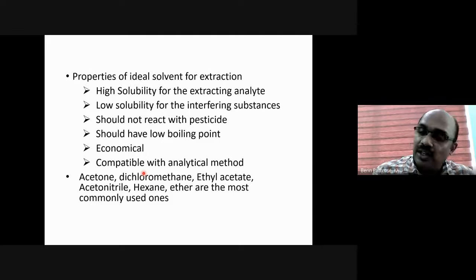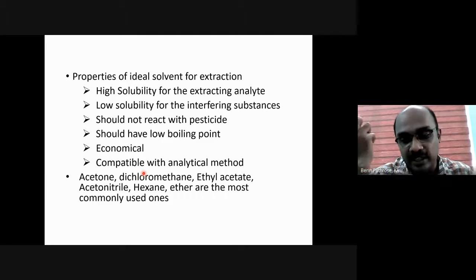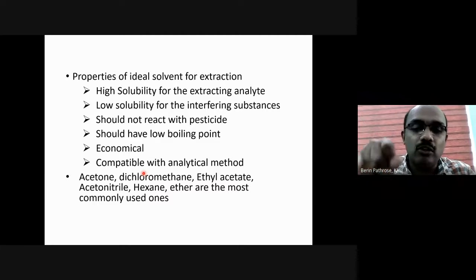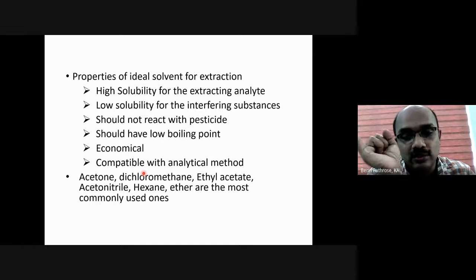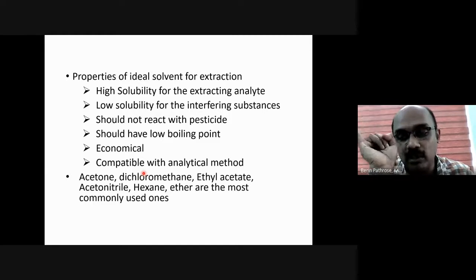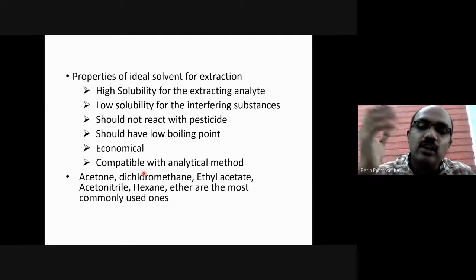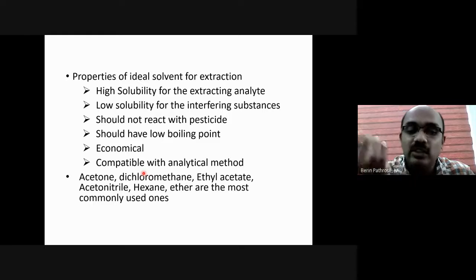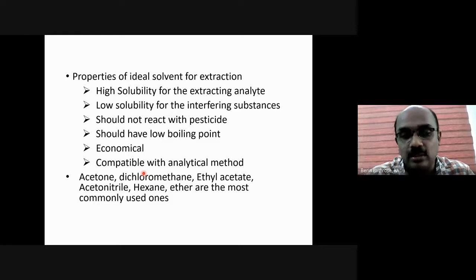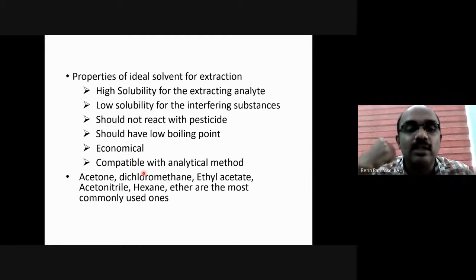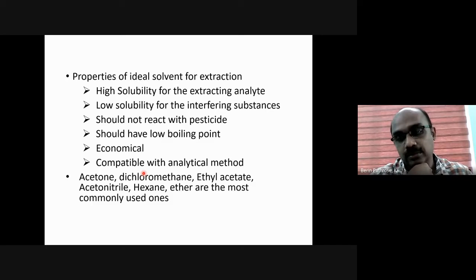That means if you are using a liquid chromatograph for the analysis, preferably we should go for acetonitrile, because acetonitrile is the solvent which is most commonly used for liquid chromatographic analysis. If you are going for gas chromatographic analysis, you can go for hexane or ethyl acetate, because these two are the solvents which are compatible with gas chromatography.